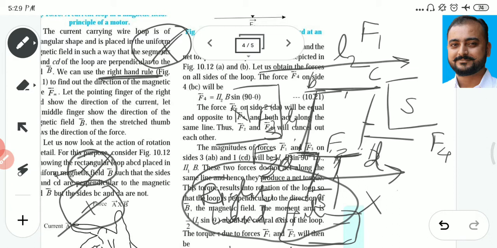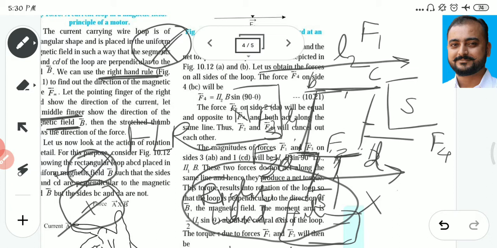It is simply the right hand rule, and it somewhat gets confusing. So to avoid the confusion, we avoid this rule and simply use Fleming's left hand rule.